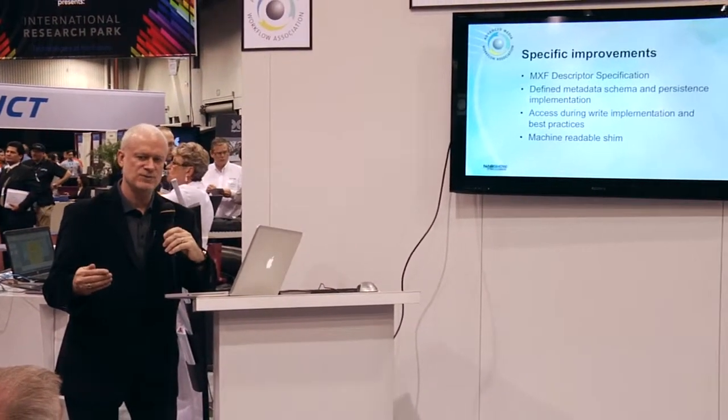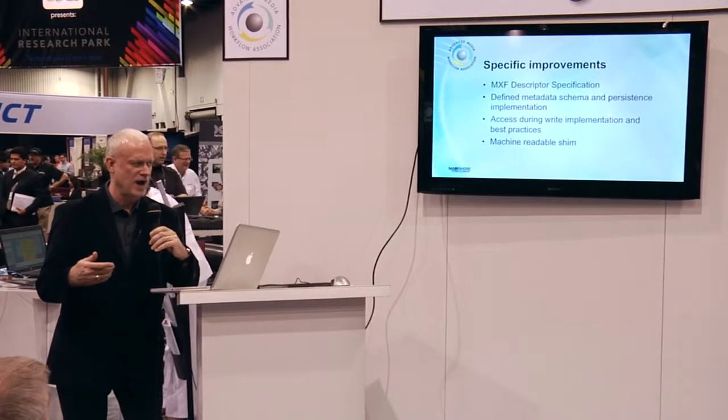So some of the specification improvements and some of the things that are unique to the AS10 specification are the MXF specification and the descriptors that we have in that specification. That's one of the to-dos. We need to establish what those descriptors actually will be in terms of required.